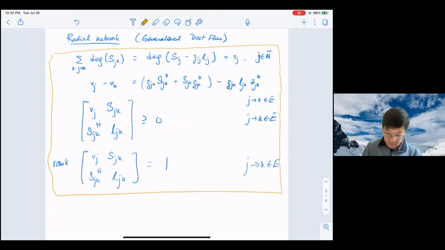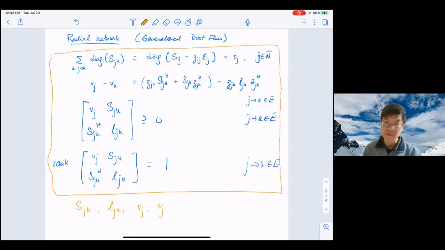So this is linear in the variables. So what are the variables? The variables are the 3x3 matrix S_jk, the 3x3 matrix L_jk, the 3x3 matrix voltage magnitude square, and then the injections, which if it's a power flow problem, this vector is typically given, except for the substation.